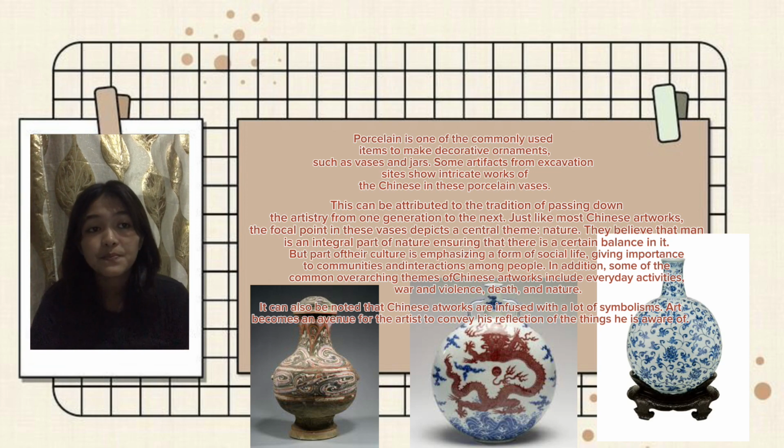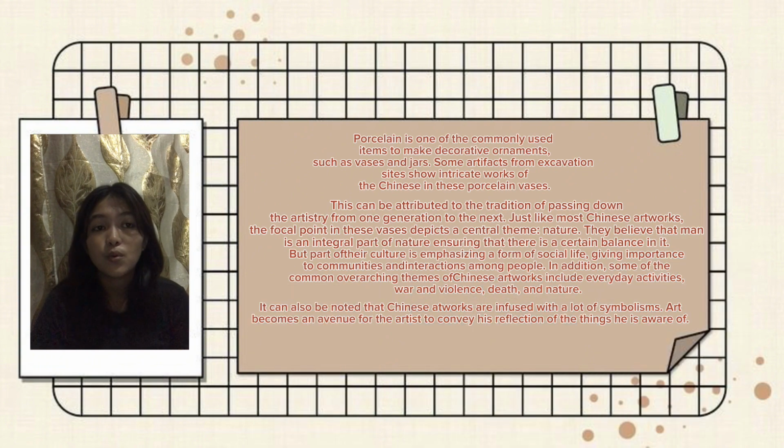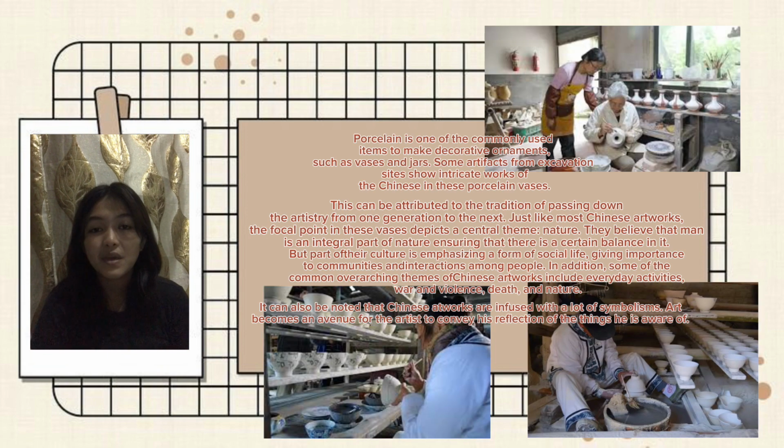Sa China, it serves as an important industry that is greatly admired by the world. The basic recipe to produce porcelain is: first, forming a piece; second, glazing; third, decorating; and lastly, firing.